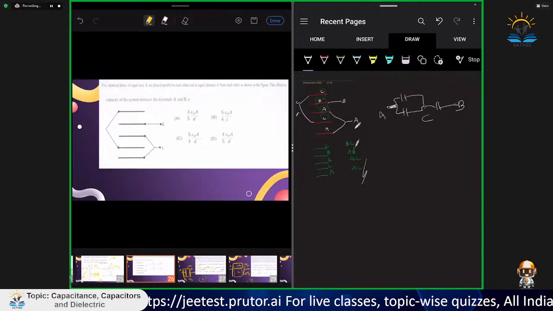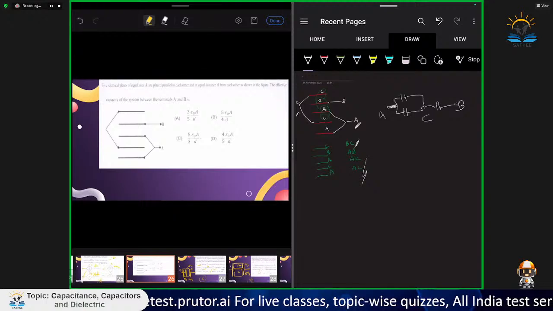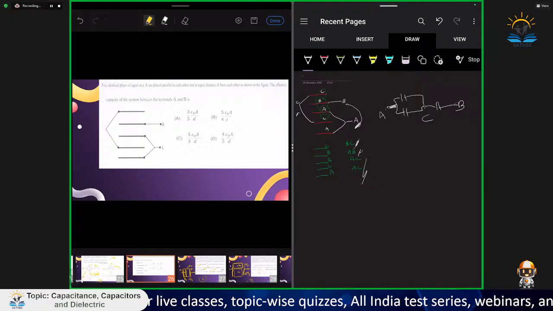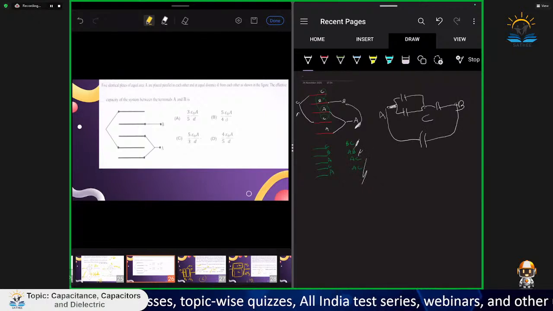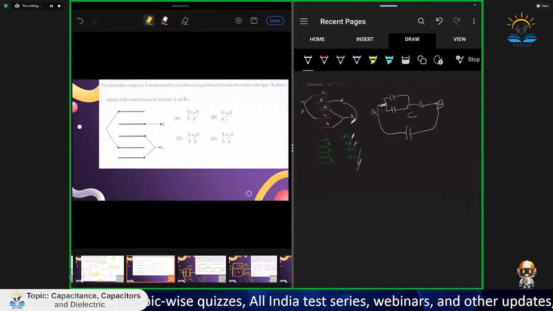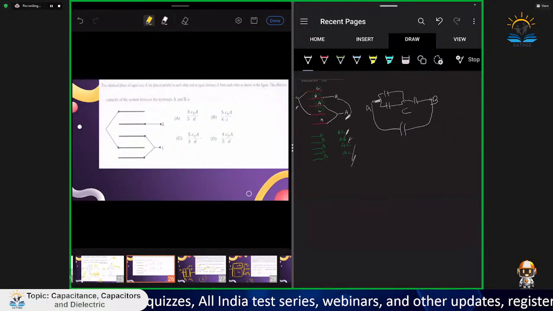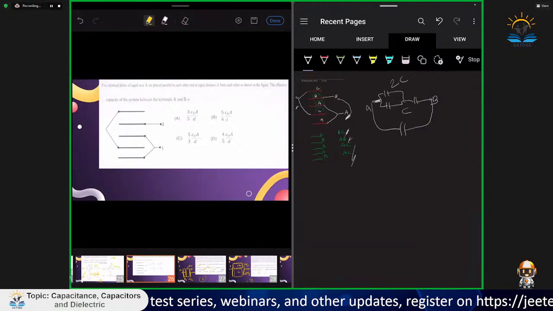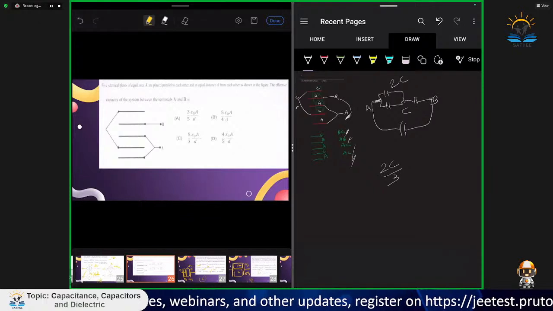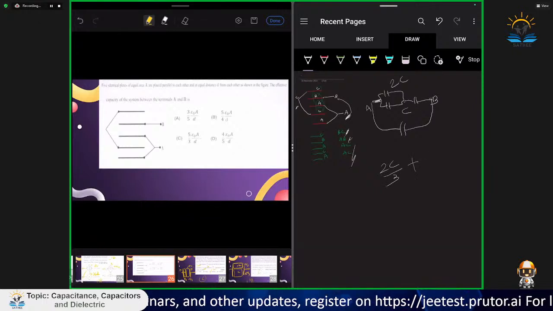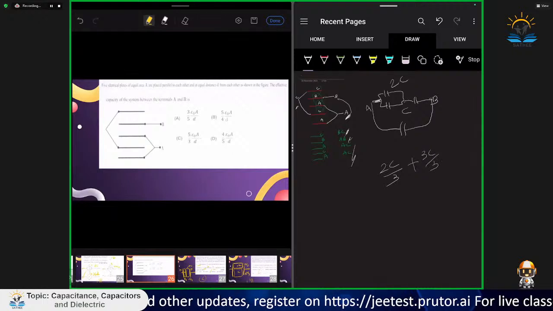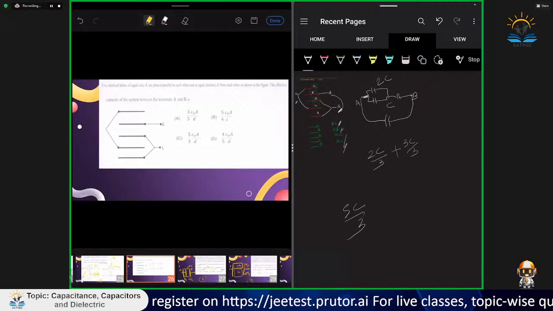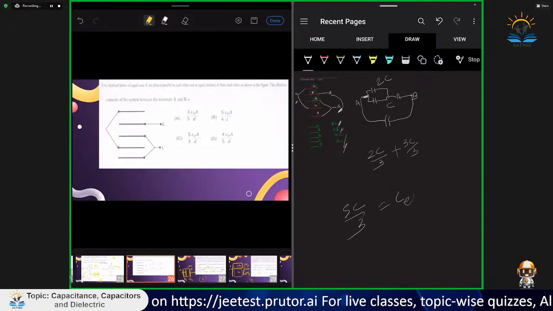And between A and B, we have one. So two C in parallel, 2C by 3, plus C, turns out as 5C by 3. 5C by 3 is the C effective.